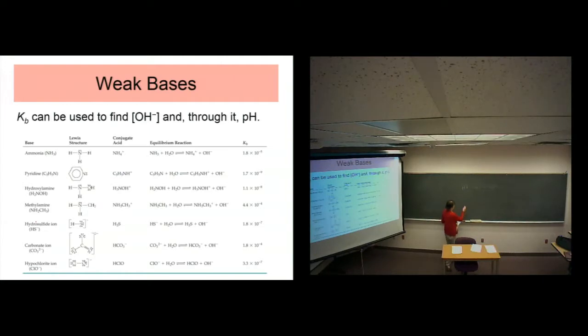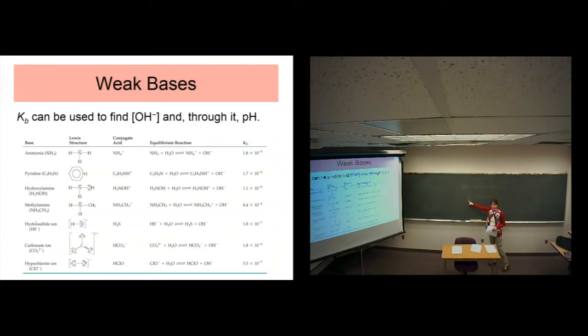So B minus plus water, dynamic equilibrium. B minus is going to accept a proton, so it's going to be HB, neutral, because it was B minus and picked up H plus. So it's HB plus what's left?